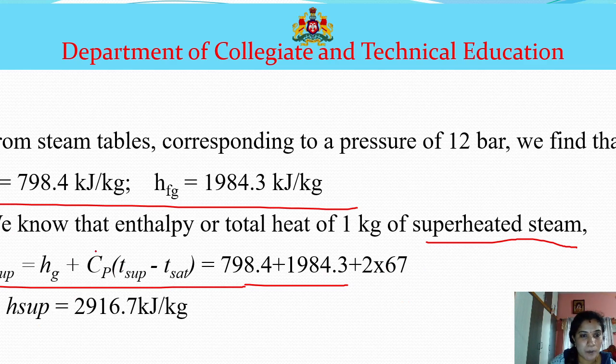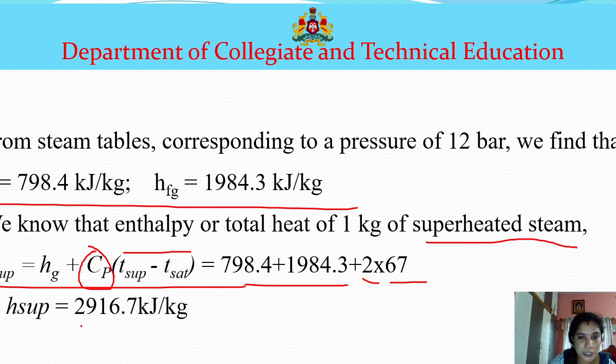In this particular problem, they have assumed Cp as 2. If it is not given in the examination, make a note that the value of Cp will be 2.1. If they have mentioned it, please take the value they have given. Otherwise, make it 2.1 kilojoules per kg Kelvin. This is the difference of T superheated minus T saturated, that is 67 degrees Celsius.